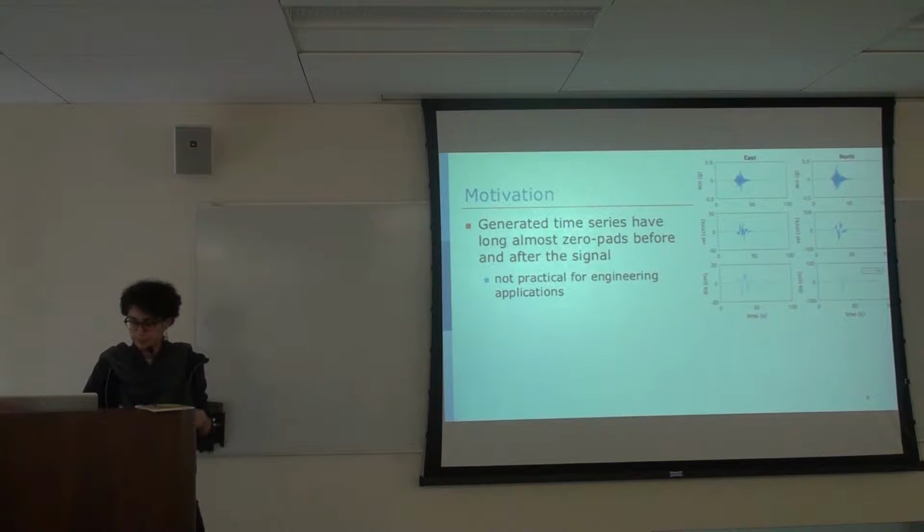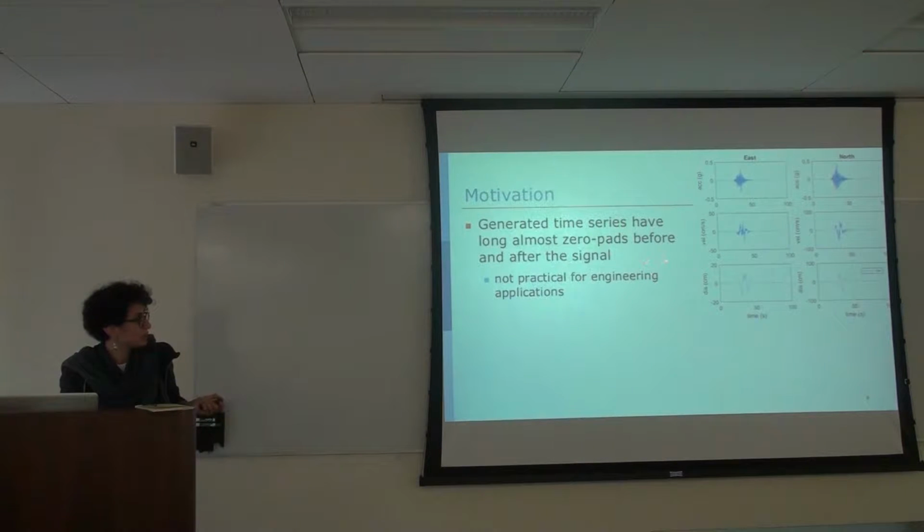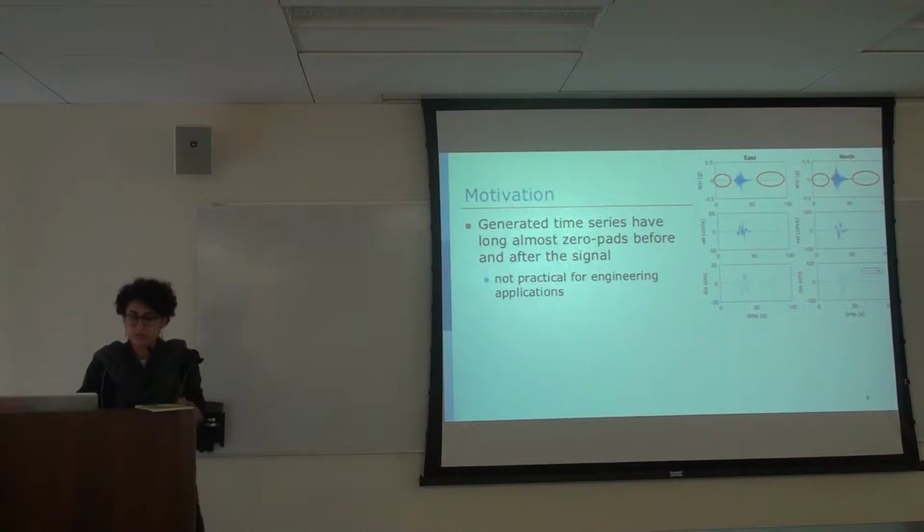Another thing to address in the current scope of the project is that the generated time series, due to the filtering that we're applying, was resulting in very long, almost zero paths before and after the simulated signal. And this is not practical for engineering applications. We're going to remove these.